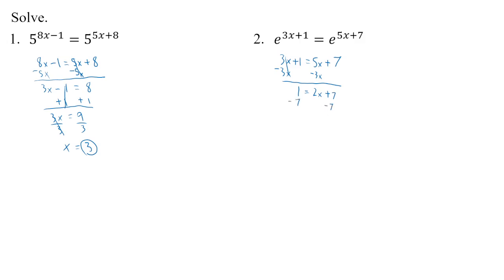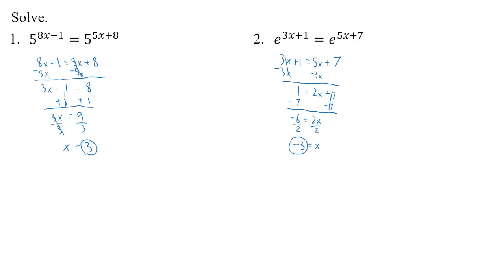Subtract 7 from both sides, and you have negative 6 equal 2x. Divide both sides by 2, and you will get negative 3 equal x. Therefore, the solution is negative 3. So again, if the powers of the same base are equal, that means the exponents are equal.